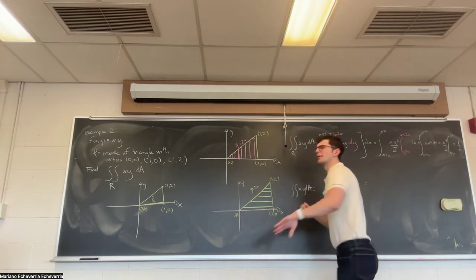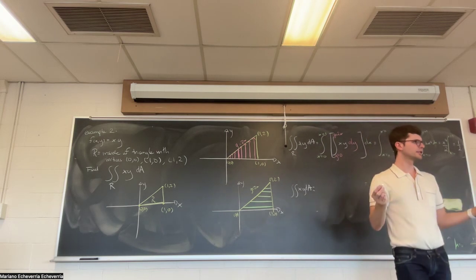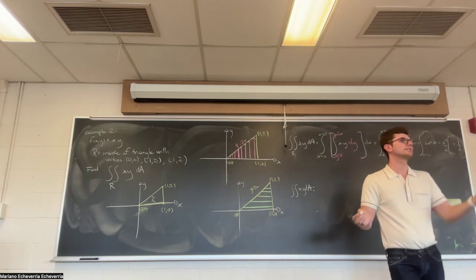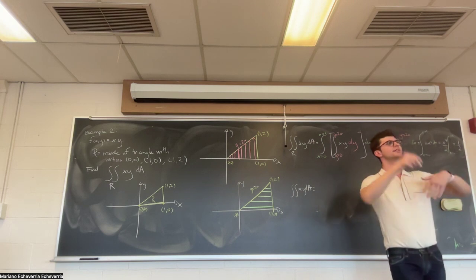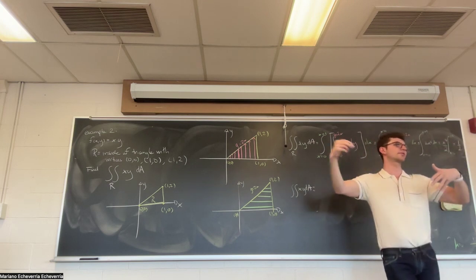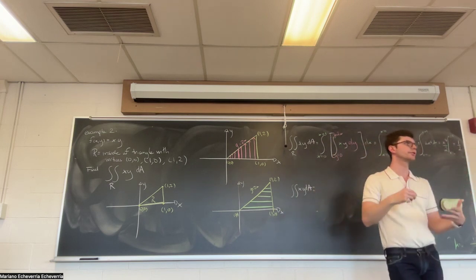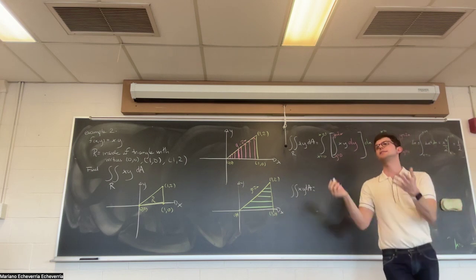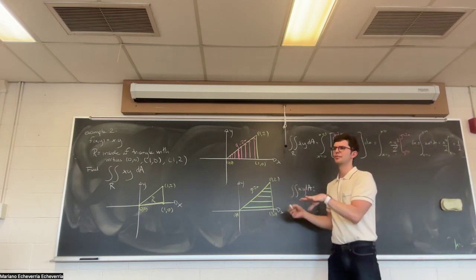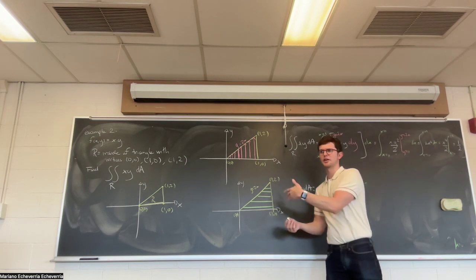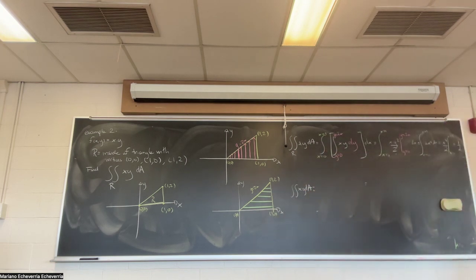But obviously, in practice, you only have to choose one of the orders because they always give the same answer. I'm just doing it both ways so that you can see how the bounds look from one order versus the other. In practice, of course, you can choose whichever you prefer. Next time we'll do examples where one ends up being easier than the other. Sometimes there are preferences for using one over the other, but it's more specific to the region.